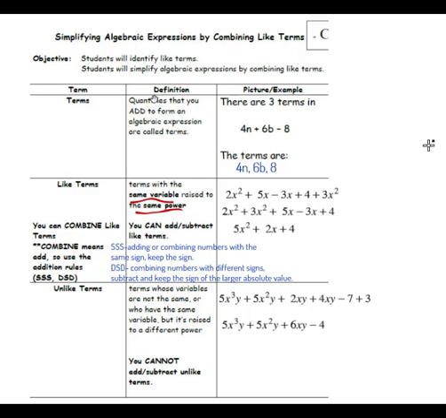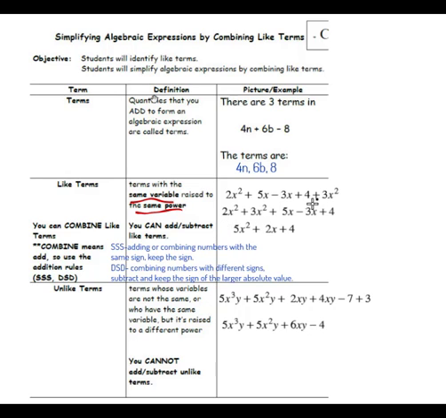All right, let's look at this first example for combining like terms. We have 2x squared plus 5x minus 3x plus 4 plus 3x squared. The first thing I'm going to do is move my like terms together.